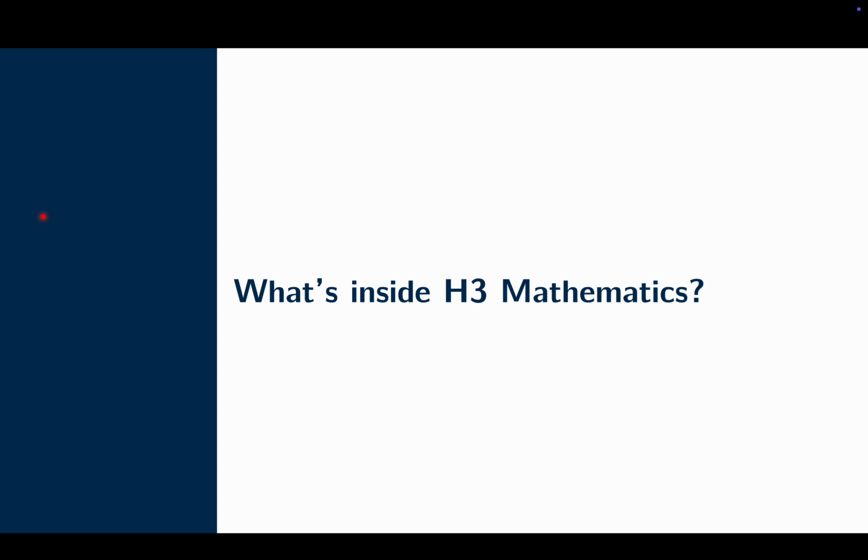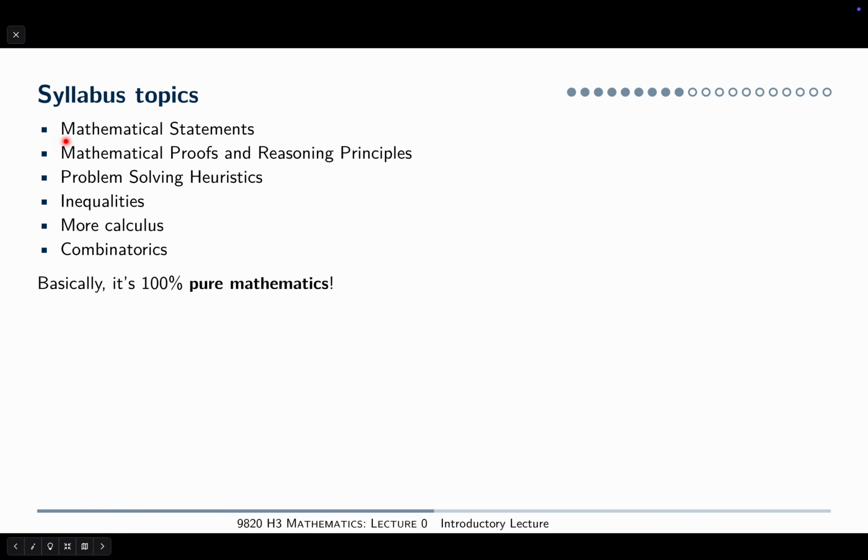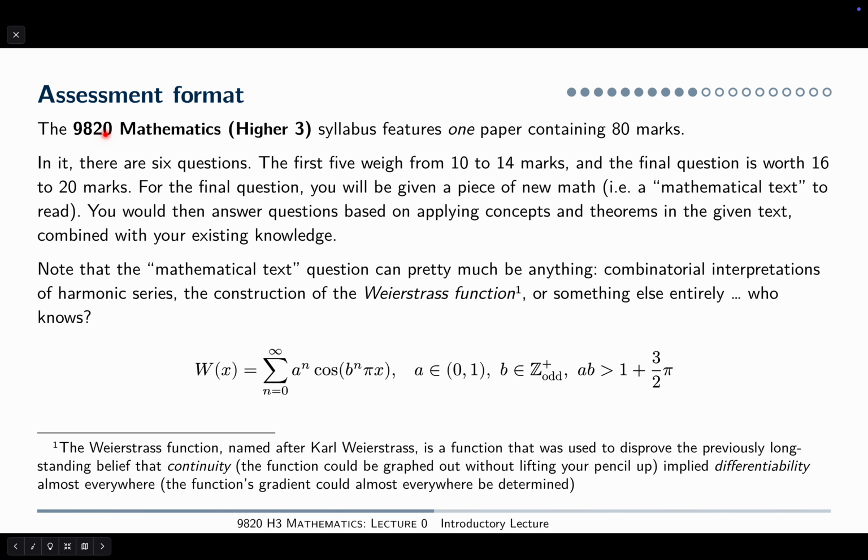So what's inside H3 Mathematics in the first place? We have mathematical statements, proofs and reasoning principles, problem-solving heuristics, inequalities, calculus, and combinatorics. Essentially, 100% pure mathematics. For the assessment, we have one paper containing 80 marks.